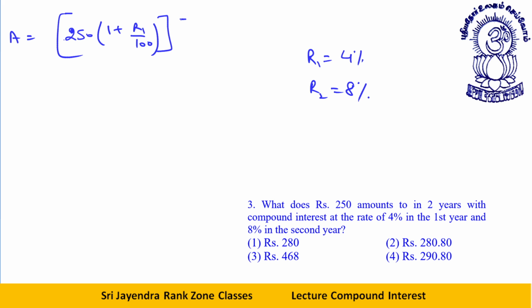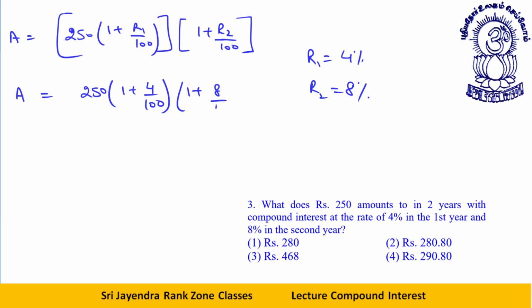Amount after 2 years will be what? I'll multiply this by 1 plus R2 by 100. That is A is equal to 250 into 1 plus 4 by 100, into 1 plus 8 by 100. A is equal to 250.